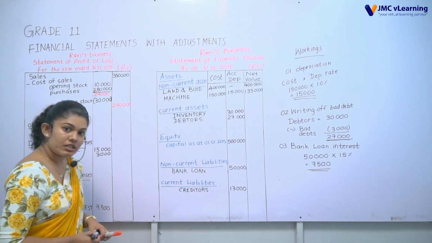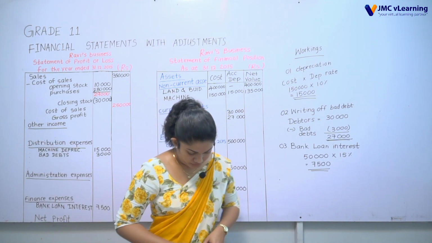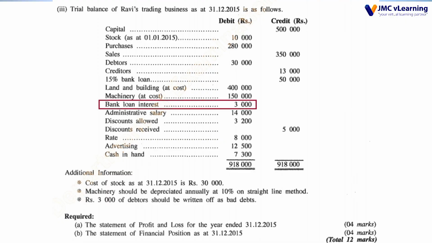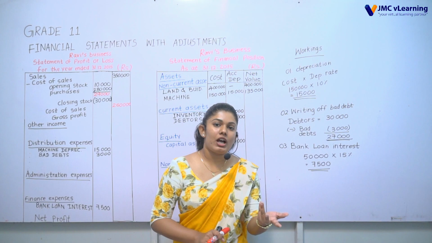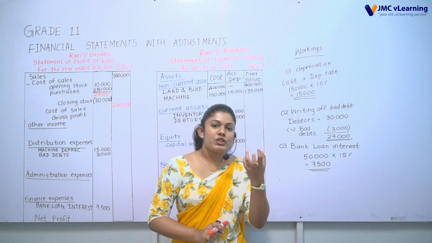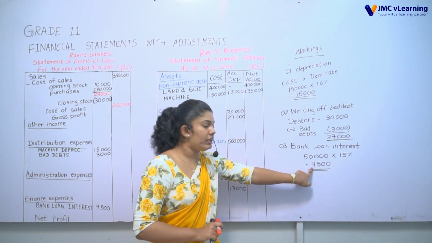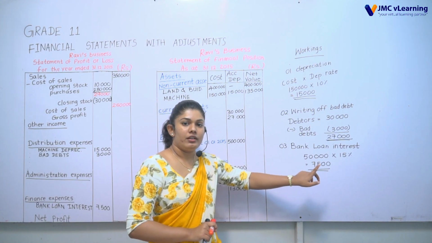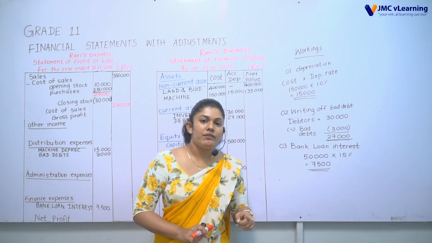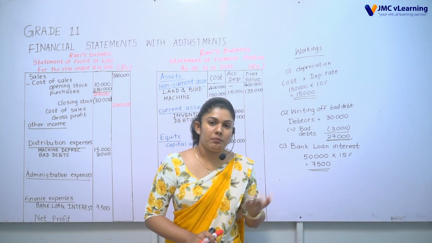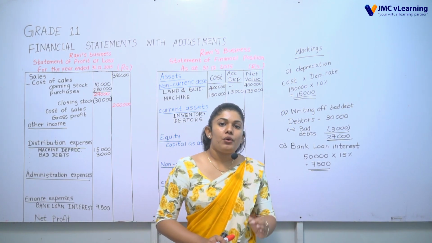Bank loan interest 7,500. Then we have recorded land and building, machinery, and next you have given bank loan interest. There you have 3,000. That means we have paid 3,000. But what is our actual expense? 7,500. Therefore, we have to pay 4,500 more. That means an accrued expense.